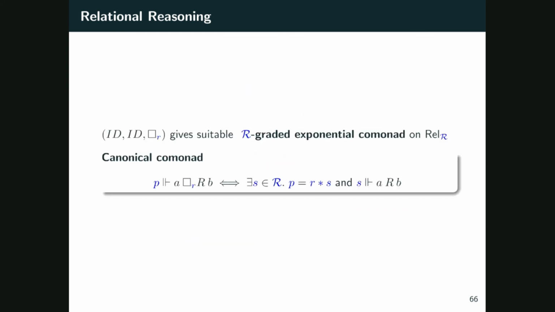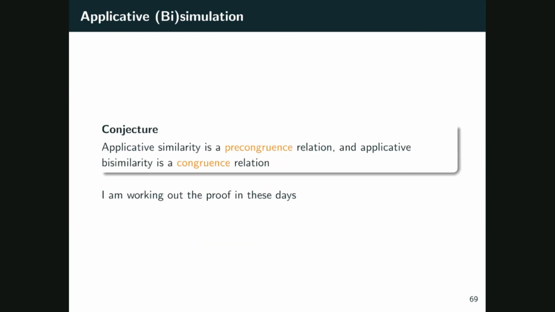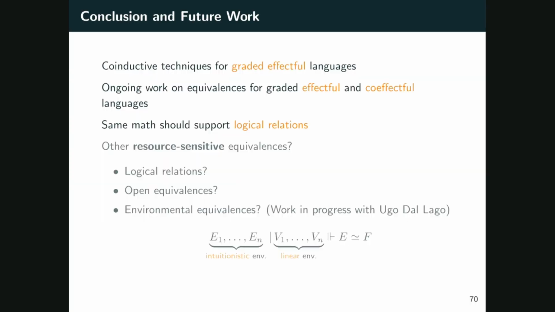I shortly mentioned that we have this environmental equivalence here at the bottom of the slide, and that equivalence is actually fully abstract for a calculus with linear types, the bang modality, and algebraic effects. The way we obtain that equivalence is by working with environments in which you have intuitionistic terms and linear terms, and by lifting the equivalence.